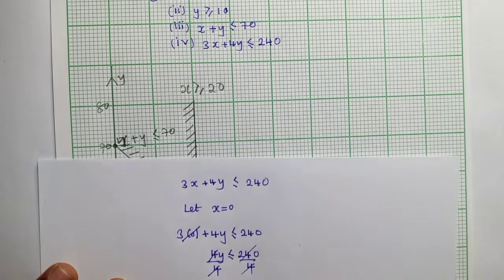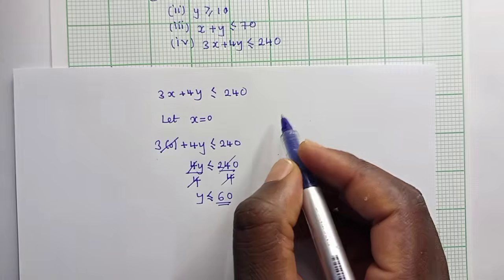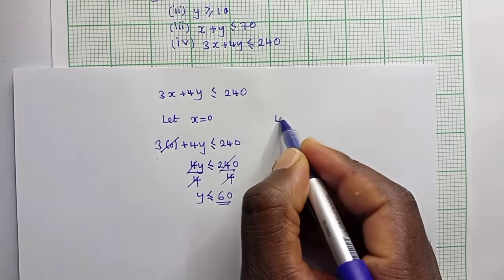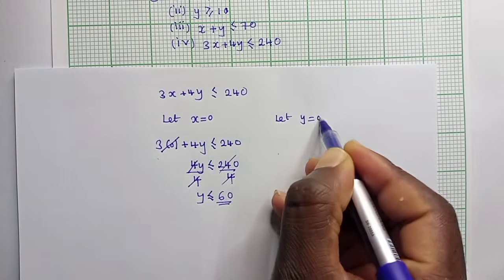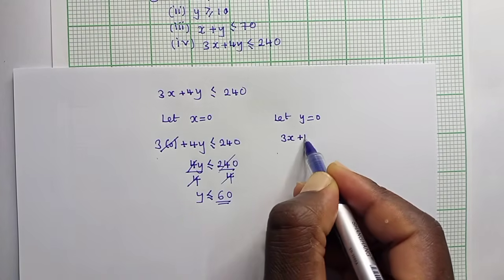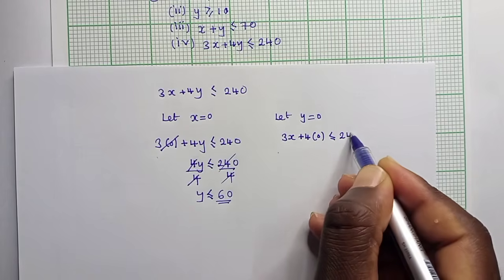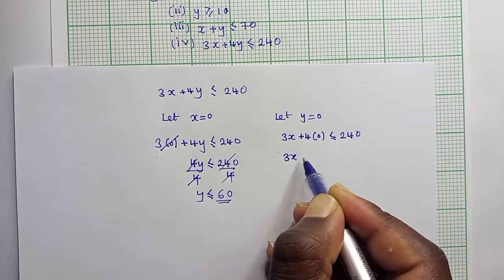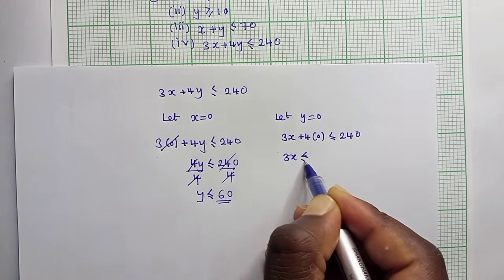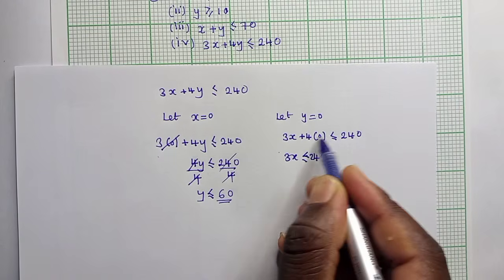Okay, so we come to the x-axis. We want to find where it's crossing the x-axis. So we shall say let y be equal to 0. So we're going to substitute a 0 here. We shall have 3x plus 4 times 0 is less or equal to 240. We solve 3x is less or equal to 240, because this is a 0.